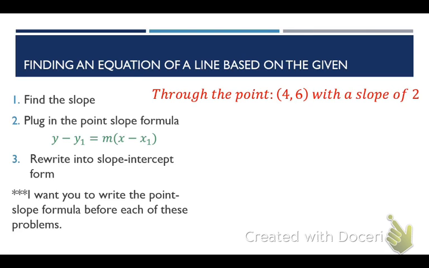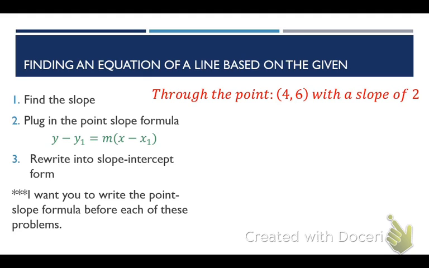The second is to plug it into your point slope formula. And the third is to rewrite in slope-intercept form. So what does that mean our answer will look like? y equals mx plus b.